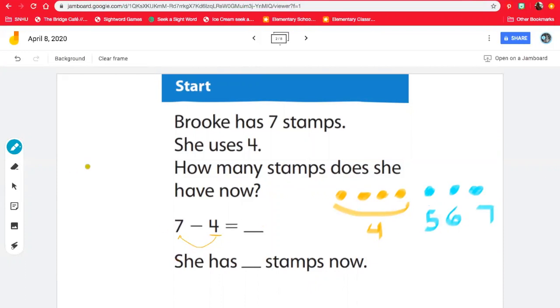And how many blue ones do we have? We have 3. 1, 2, 3. So that means she has 3 stamps now. So she started with 7, and now she has 3 because she used 4.